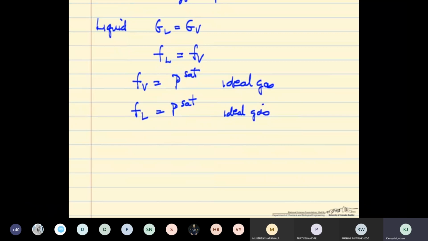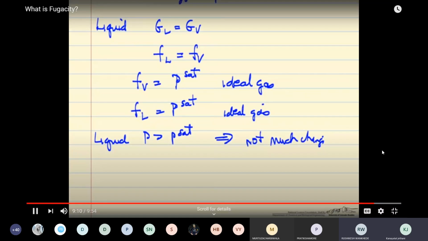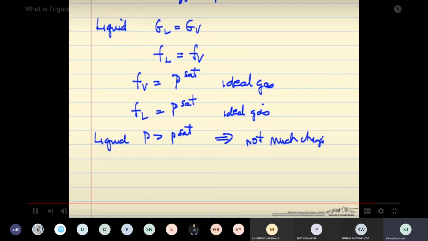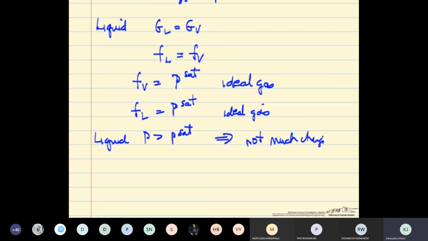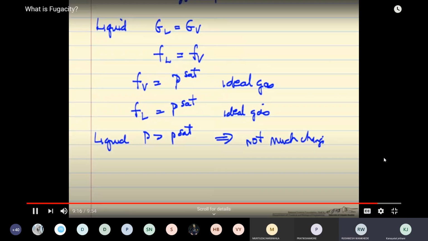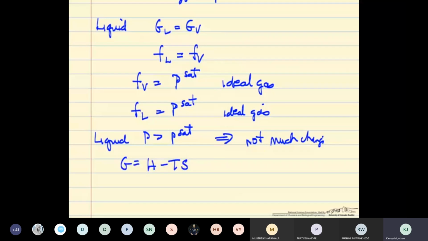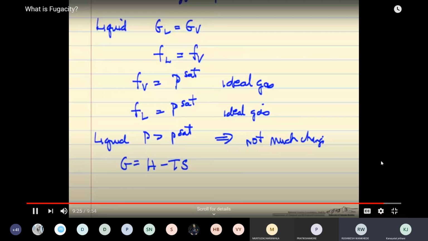For a liquid at higher pressure, where the pressure is greater than the saturation pressure, the first thing to realize is not much changes. Over these ranges, as we increase the pressure, enthalpy, internal energy, entropy, etc. don't change. And since G is H minus TS, if enthalpy and entropy don't change much, the Gibbs free energy doesn't change very much, so indeed it is a small change.